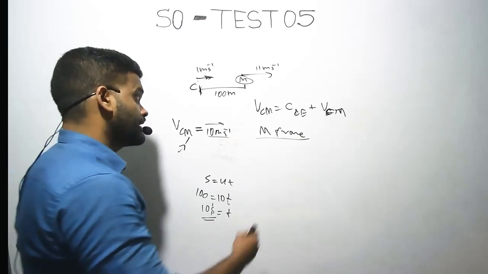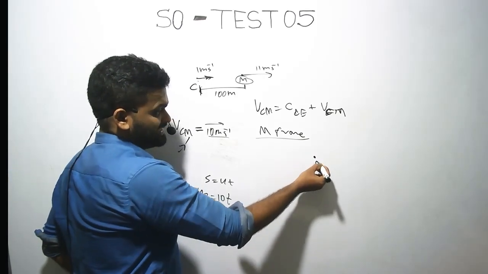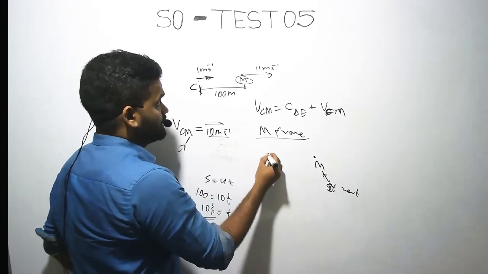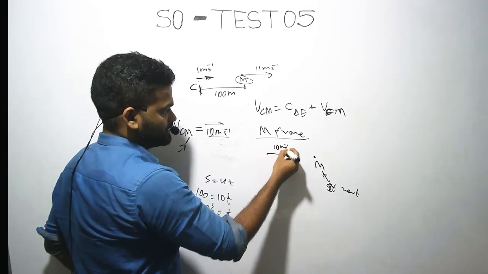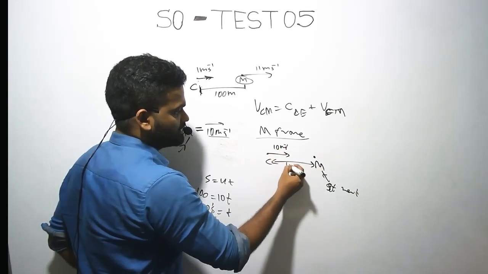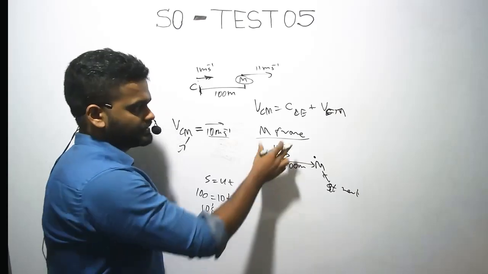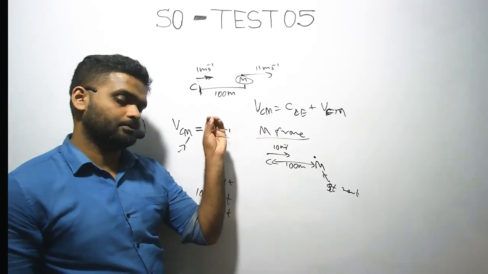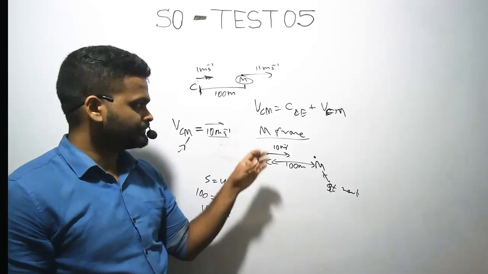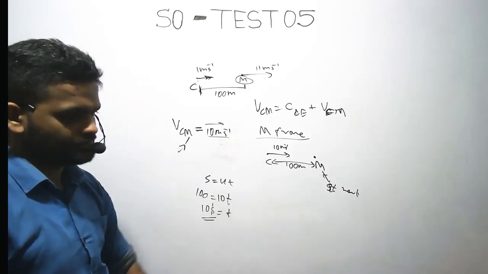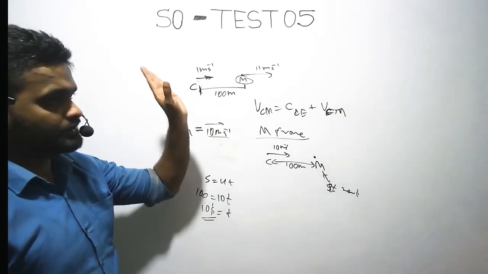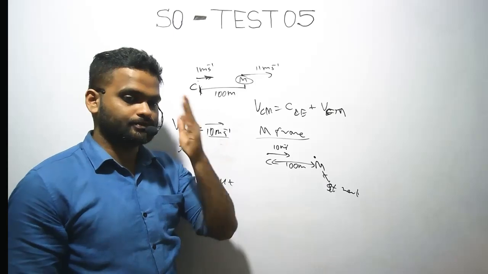Motorbike's frame. The motorbike is here, it is stopped, at rest. The cyclist is moving at 10 meters per second and does the whole motion of 100 meters. This is the motorbike's frame. You don't have to draw it even. So what are the steps? Just find the relative velocity between those two.